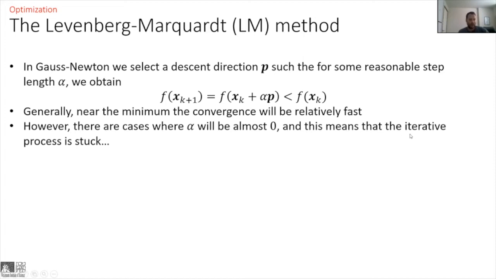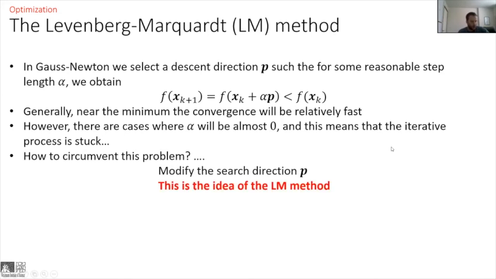However, there are cases where alpha might be small to zero and almost stuck. And there is another problem in the Gauss-Newton method: as we showed before, we assume that the Jacobian is full rank in order to show that we get a descent direction. But it's just an assumption that we've made. We can probably get many counterexamples where it doesn't hold.